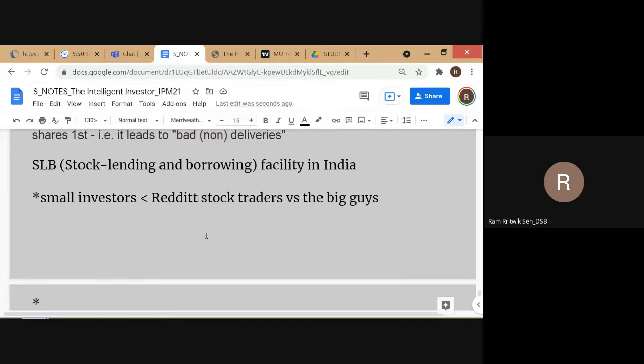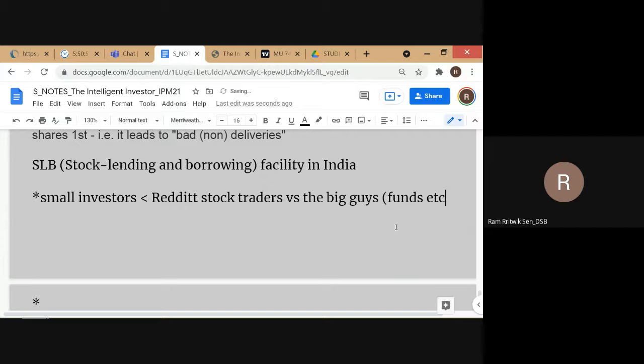They start attacking one stock or they buy up one stock. These are retail traders, and in many cases they're actually able to take on the big guys like the funds. Maybe some of the funds have even gone bankrupt by going against the Reddit stock traders. So this is a new trend that's happening.